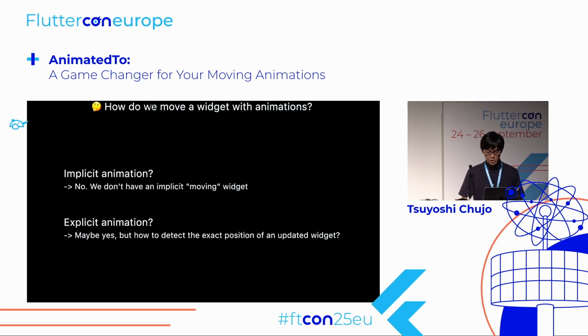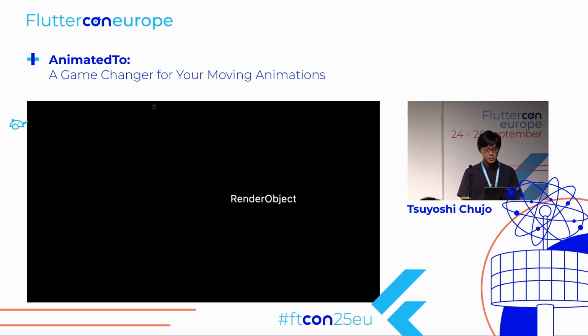But we have one problem here: we cannot detect the updated position in a straightforward way using the fundamental Flutter APIs. So how can we get the position or size or layout of the widget?